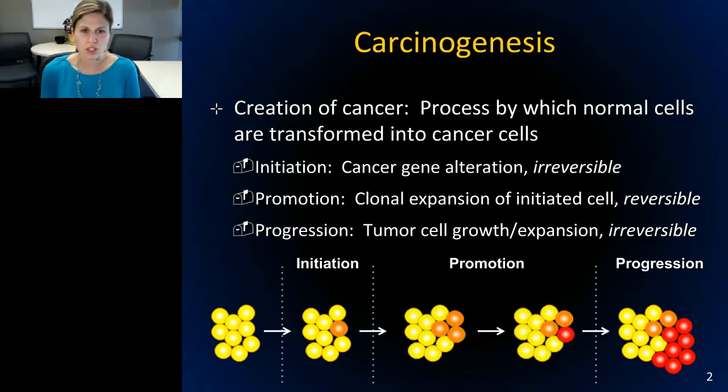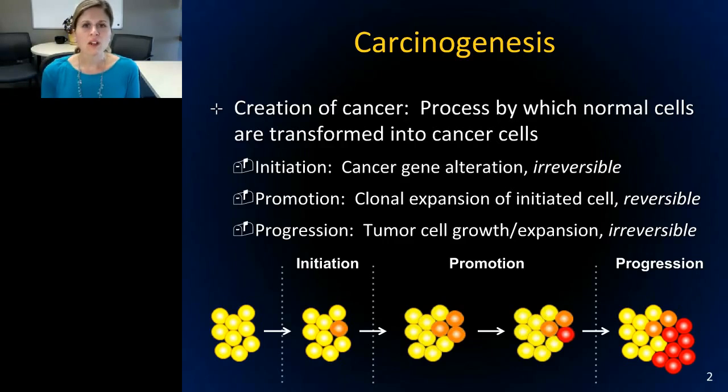The next phase of carcinogenesis is promotion, and promotion essentially leads to the clonal expansion of that cancer cell, meaning that that cell is able to multiply, it has mitotic capability, and can go through multiple divisions, so that we end up seeing that same mutational change that occurred during the process of initiation in subsequent cells.